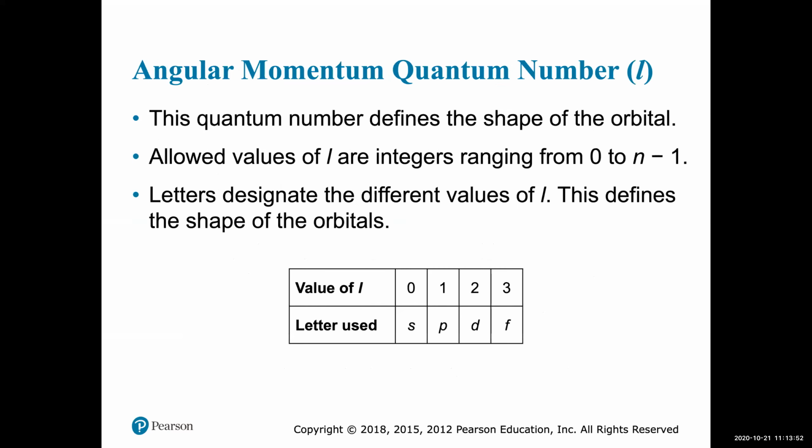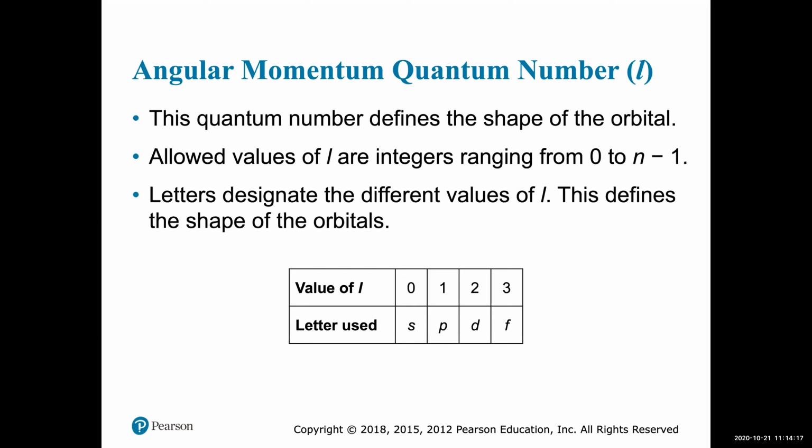The angular momentum quantum number tells us the shape of the orbital. And the allowed values for this are, once again, integers, and it goes from 0 to n minus 1. So if n is 1, then you would just have 0. If it's 2, you'd have 0 and 1, and so forth.